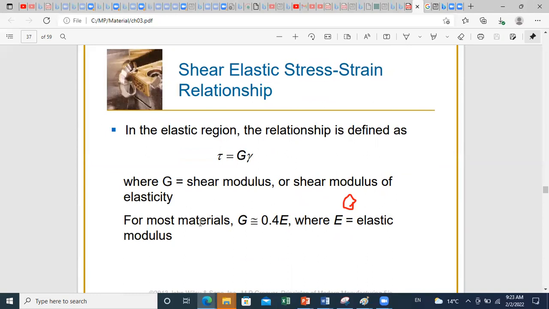Now, as we said, we developed experimentally a relation between the shear modulus and the modulus of elasticity. For most materials, we can say that the shear modulus is equal to 0.4 times the elastic modulus. So in this way, the tensile test can help us in getting properties about shear. So we can determine the elastic behavior in shear from the elastic behavior in tension, and the opposite is true also.